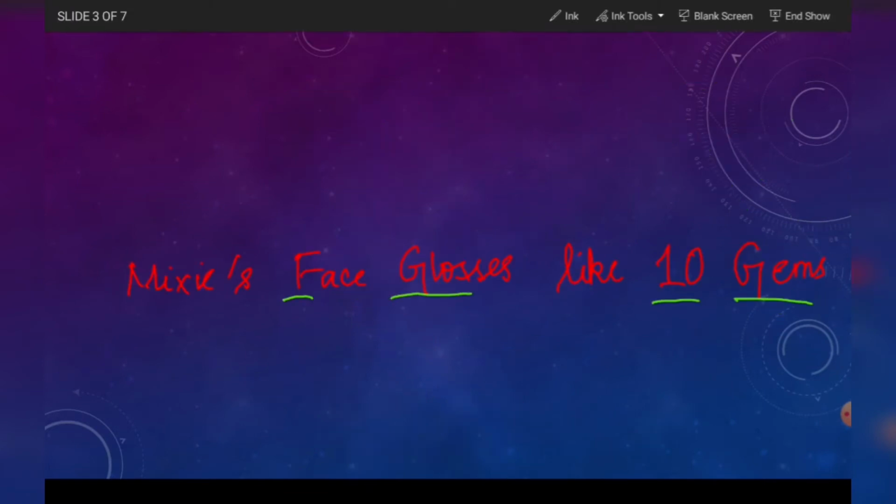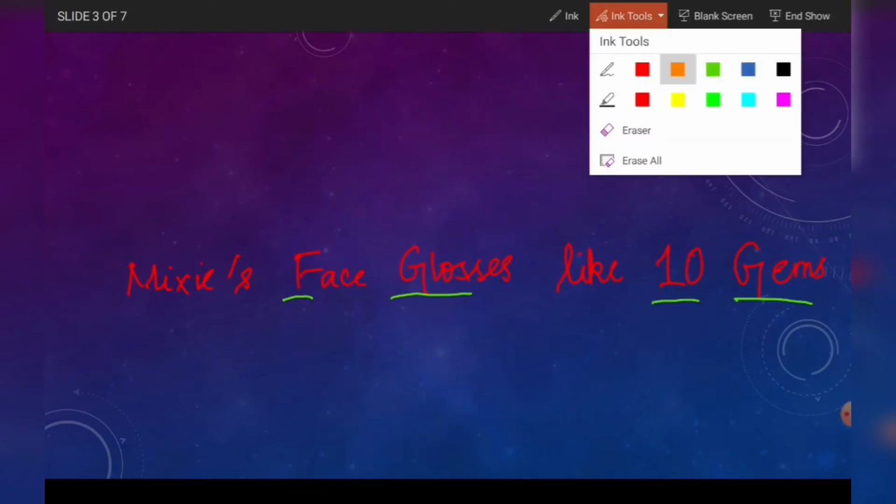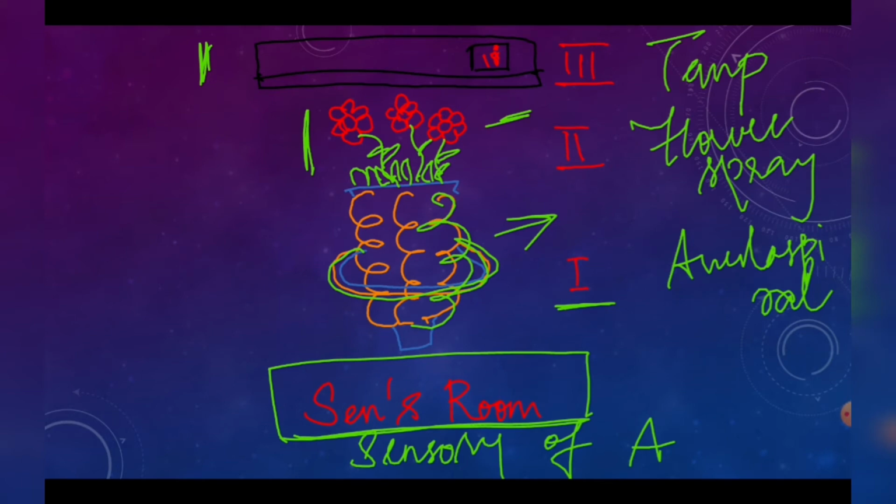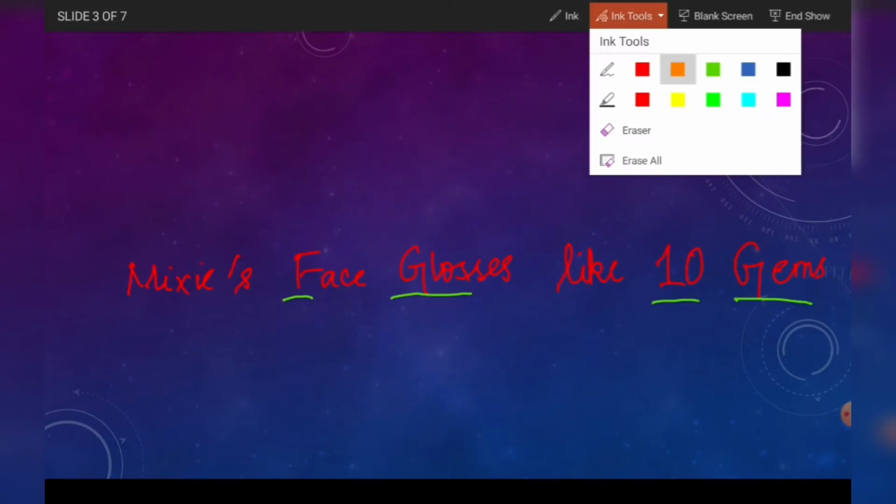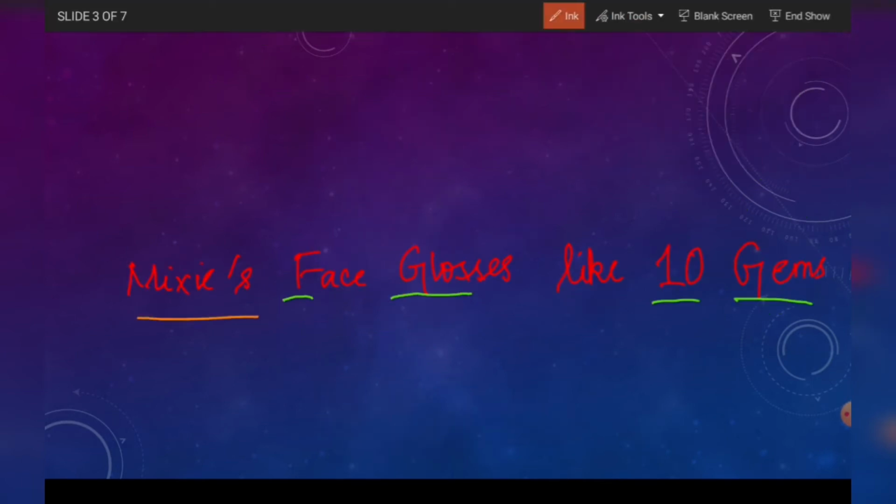So here's the mnemonic for mixed nerve: Mixie's face glosses like 10 gems. Mixie is for mixed nerve.